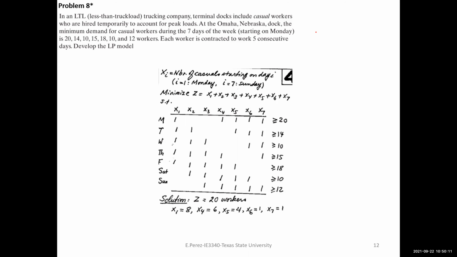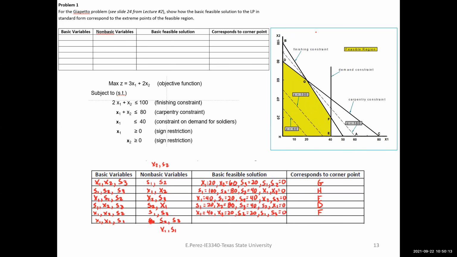These are the questions that I assigned you for the last assignment, assignment 3, which is due on Monday. The idea is, by looking at the model, first of all, you will have to change this into standard form.